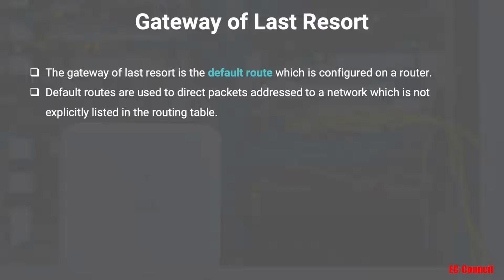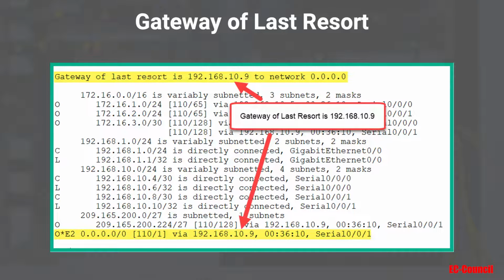So default routes are used to direct packets addressed to a network which is not explicitly listed within the routing table. So let's take a look at how we can interpret the gateway of last resort for a router. Looking at this routing table, we can see a gateway of last resort is set.